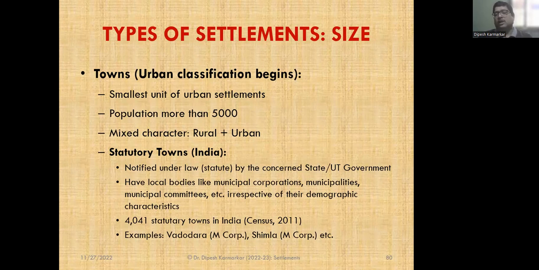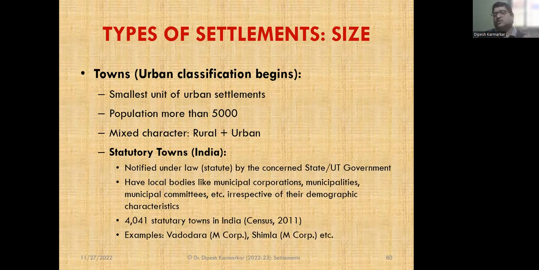So here rural has ended. A village grows and becomes a town. An isolated settlement grows to become a hamlet, a hamlet expands further to become a village, and a village further expands to become a town. So from this category, the urban classification begins.